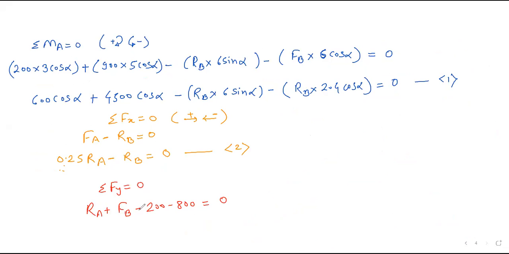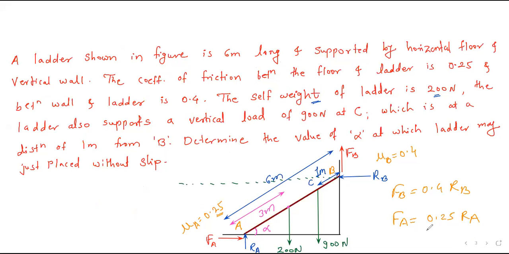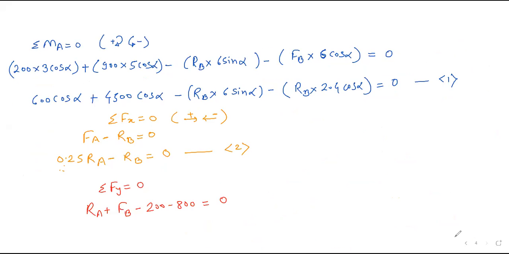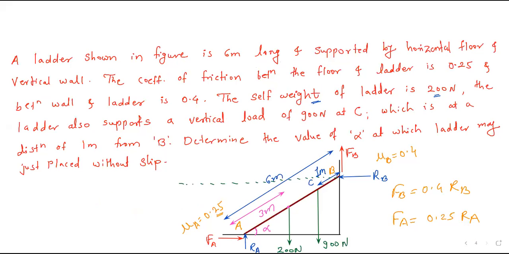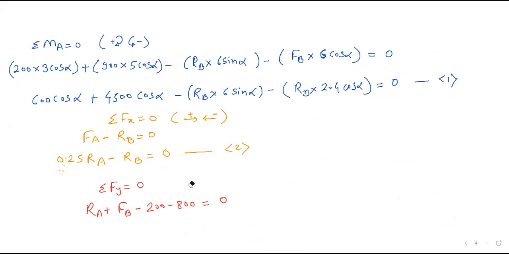Sir, minus 900, isn't it? Is it 900? Yes, 900 is correct. I mistakenly wrote 800. 900 is correct. So this is minus 900. Ra plus Fb is equal to 1100.